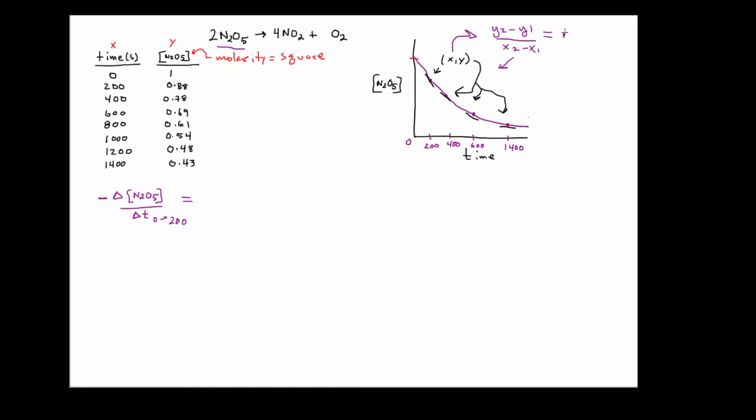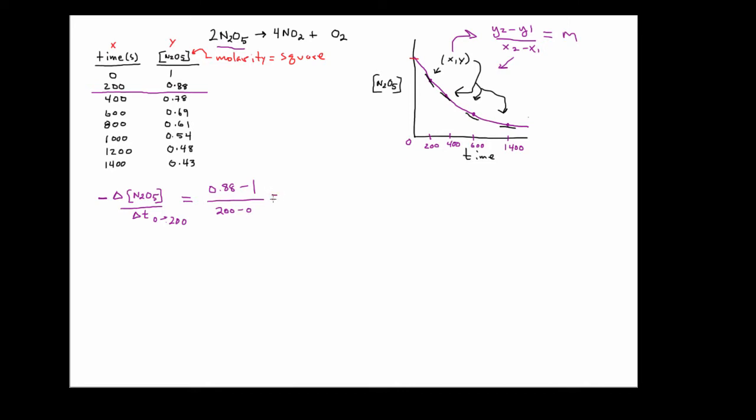That gives us the slope of a line. So we're looking at the time interval from 0 to 200. So this is going to be 0.88 minus 1 over 200 minus 0.